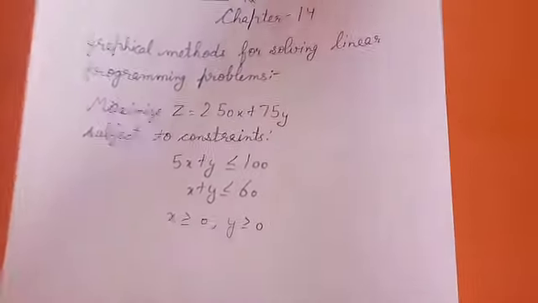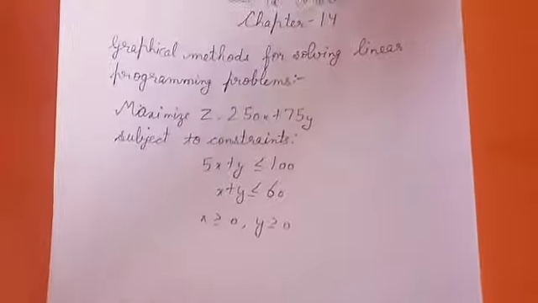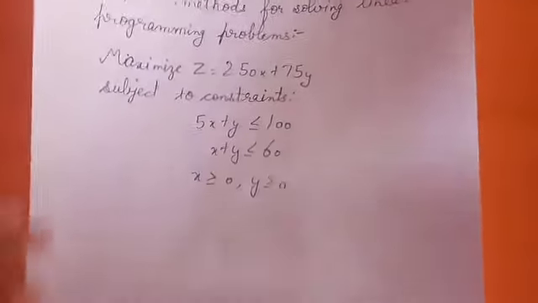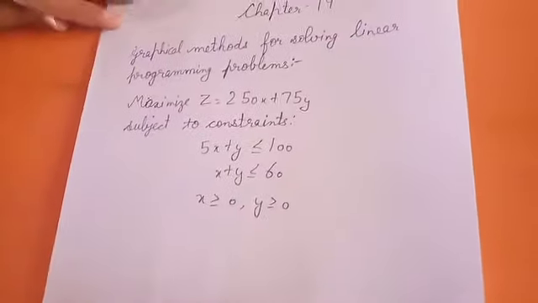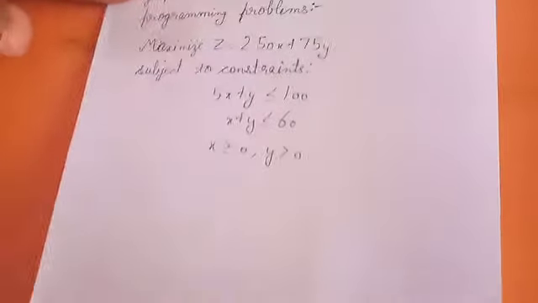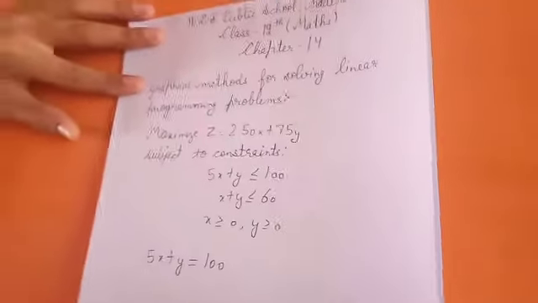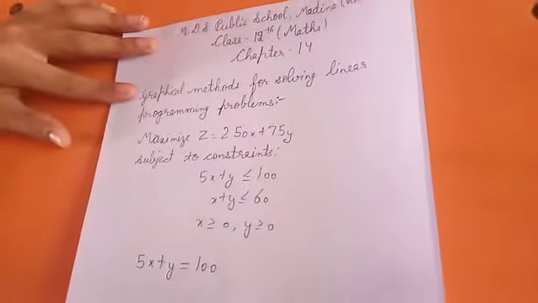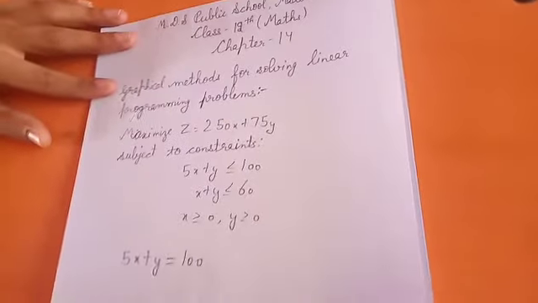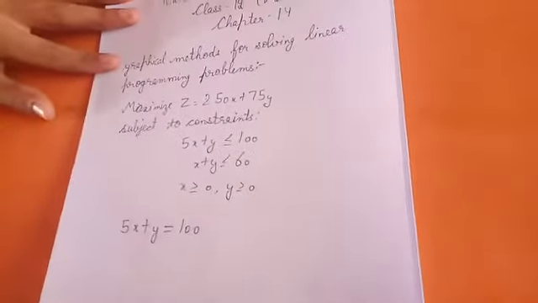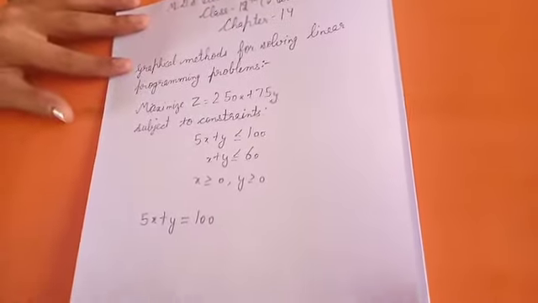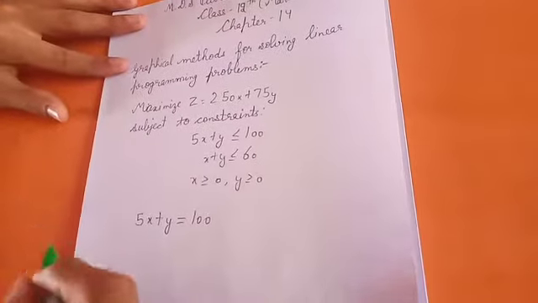Okay. Now these we will solve using a graph. So first of all, first we will take one of our equations. First we take the equal to sign. Now for different values of x and y we are going to solve it. We can take 2 to 3 values so that we are able to plot our graph.